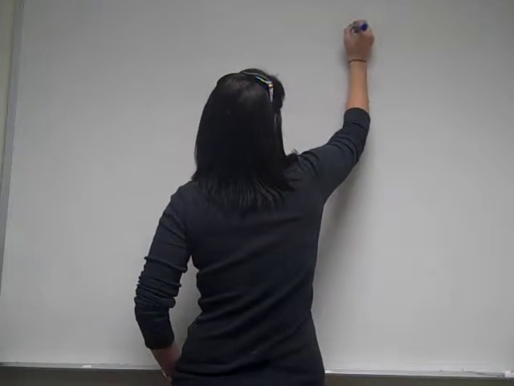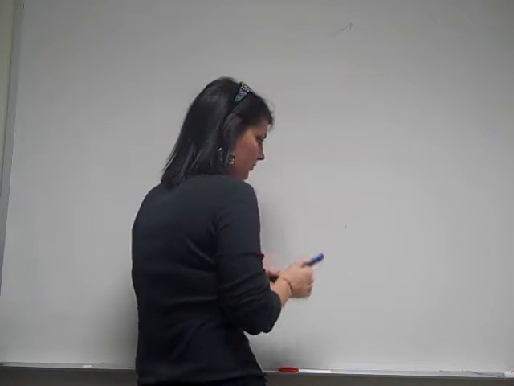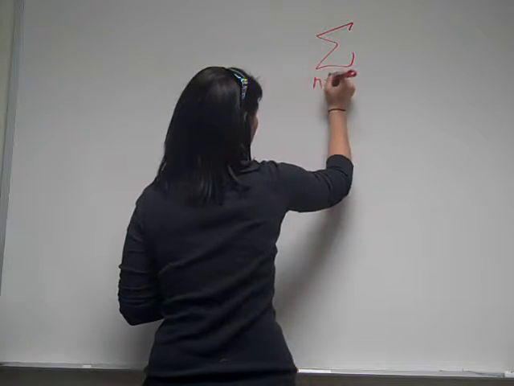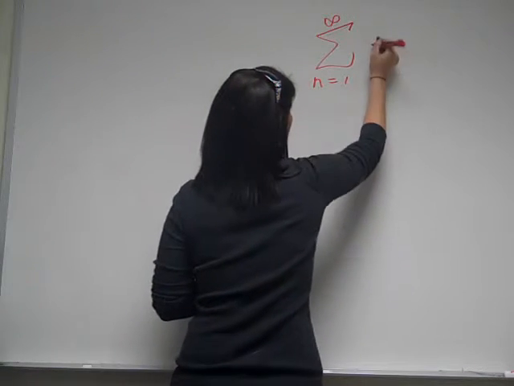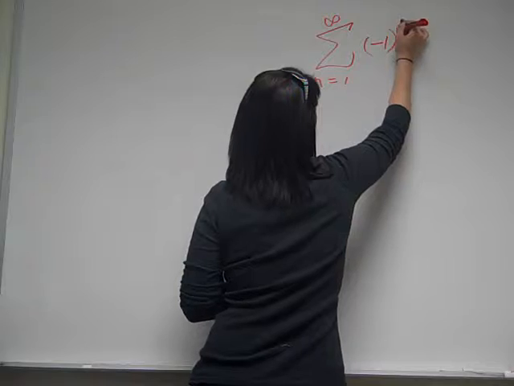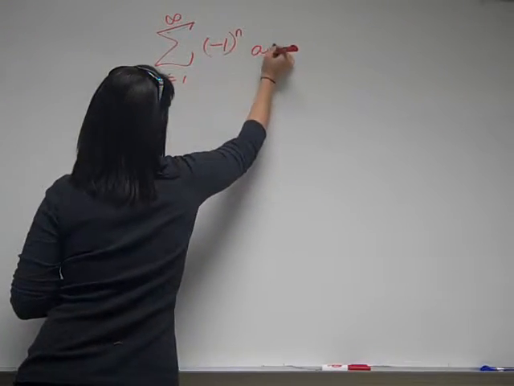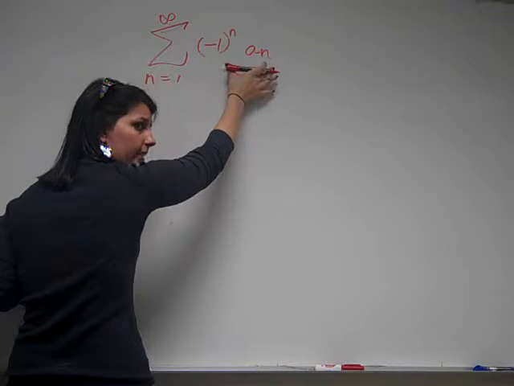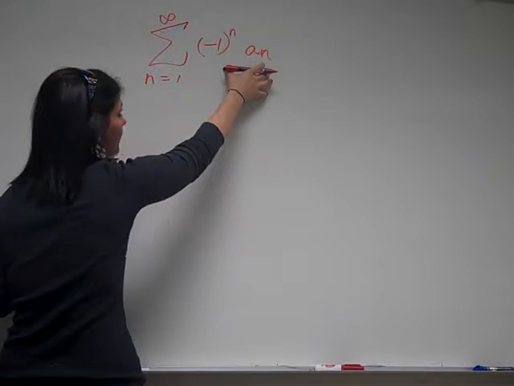So looking at something where a sub n is our actual function, and this is what we want to actually be positive.